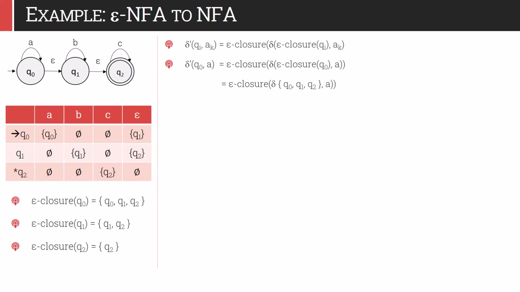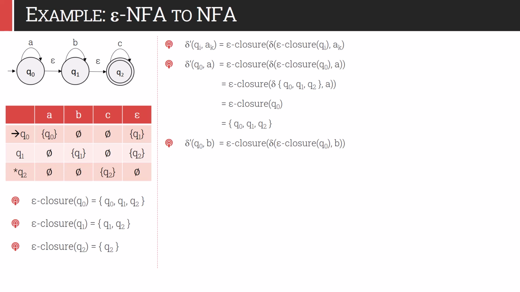So we find the union of transitions from Q0, Q1 and Q2 on input alphabet A. That is just Q0, as we can verify from the transition diagram. Again we find the epsilon closure of that, which is Q0, Q1, Q2 as we already computed. So this procedure we have done for input alphabet A for state Q0.